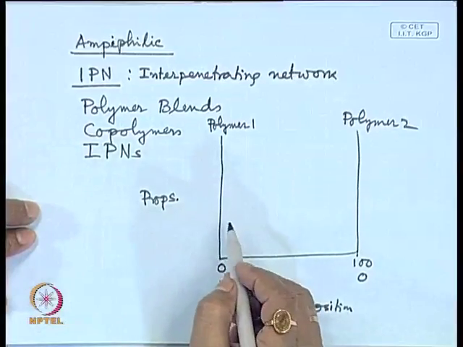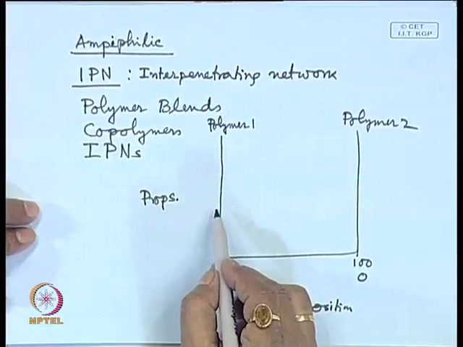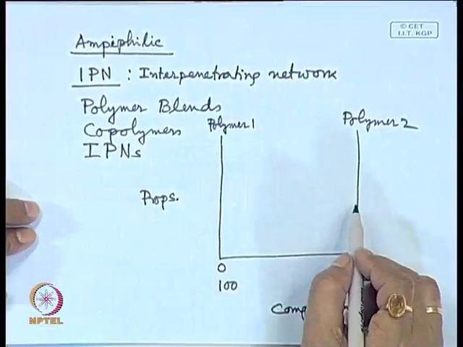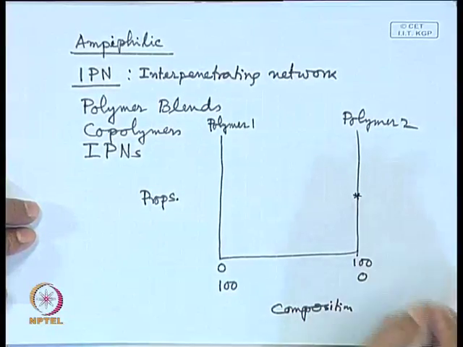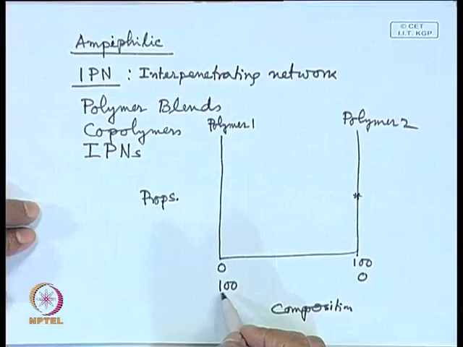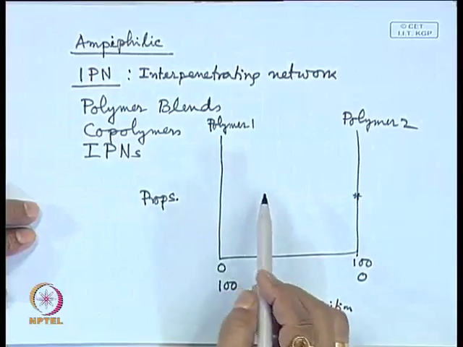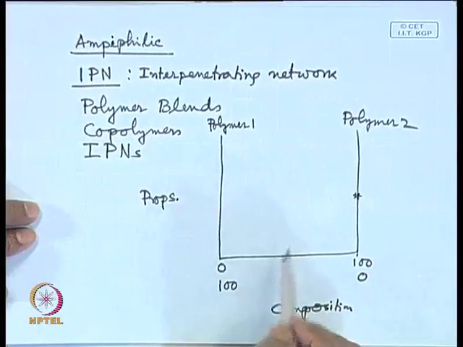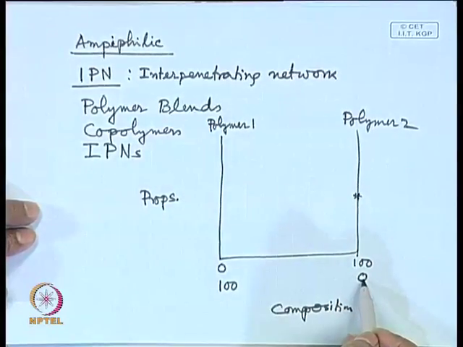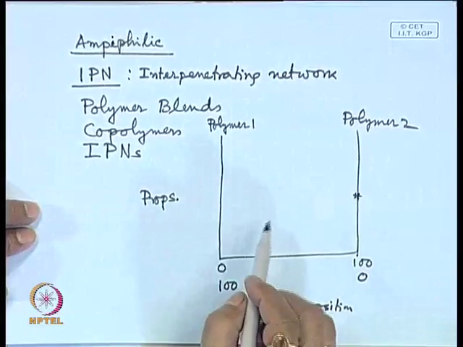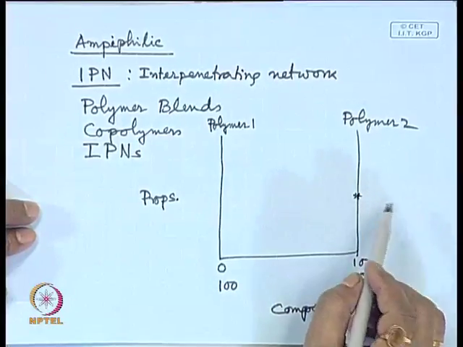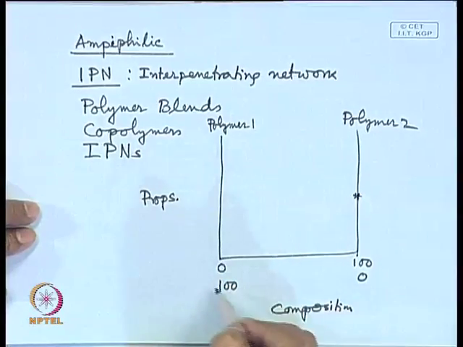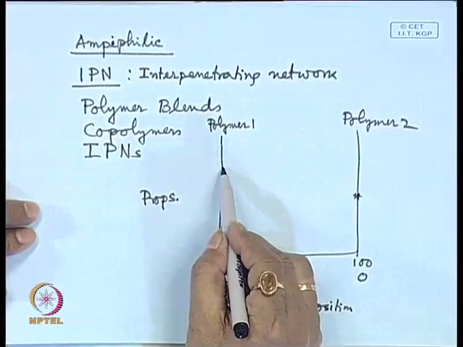Now, when polymer 1 is 0 and 100, its properties suppose lie over here. Polymer 2 when it is 100, that means pure polymer, its properties are here. I am sorry, this should be polymer 1. So, polymer 1 is 0 here, 100 here. Polymer 2 when it is 100, its properties are here, and polymer 1 when it is pure, its properties are here.